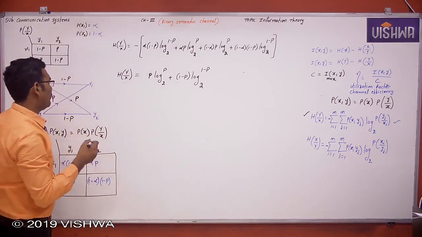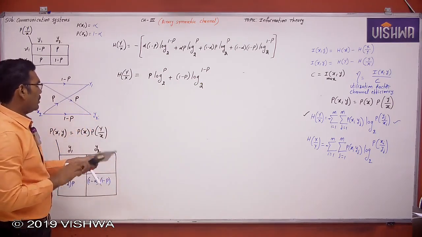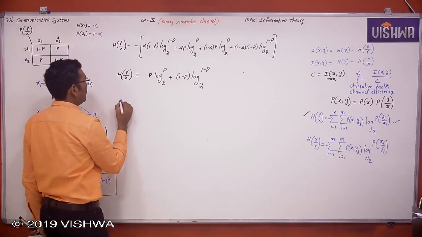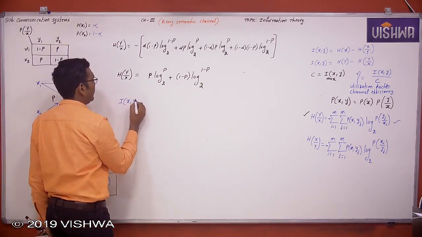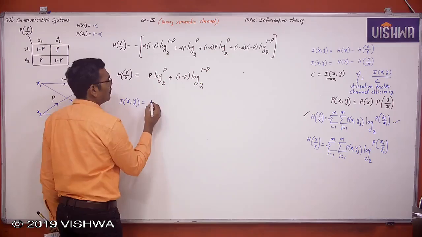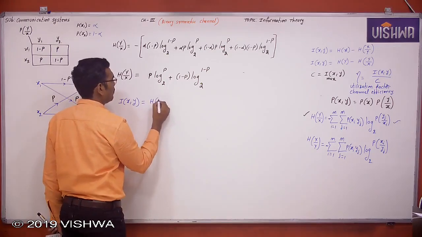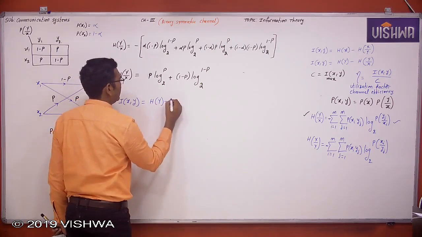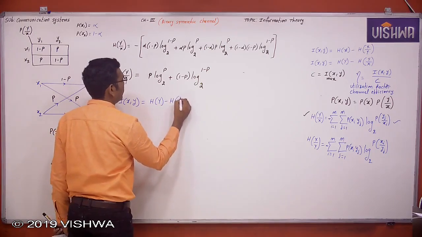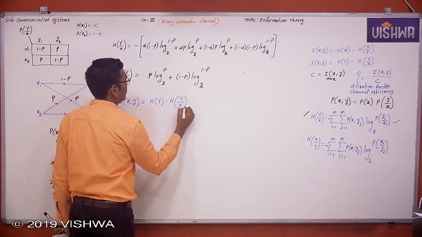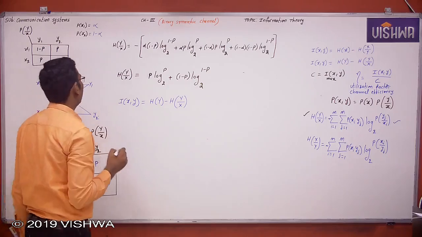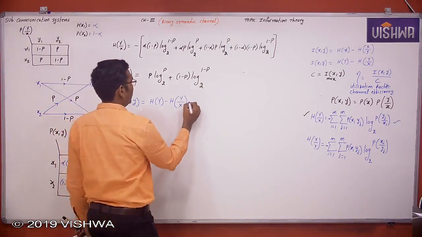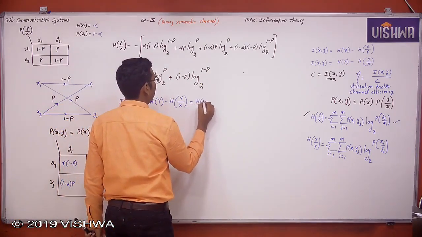Now what is the mutual information? The mutual information I of x comma y is equal to H of y minus H of y by x. Now what is H of y?